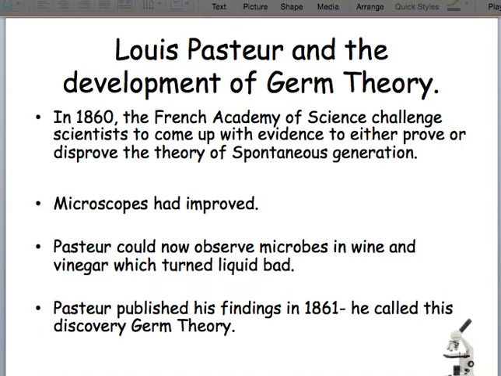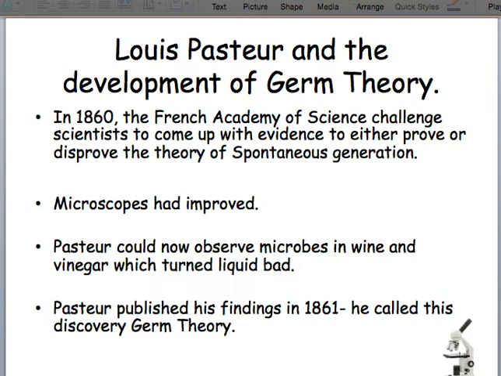But how did Louis Pasteur come to discover germ theory? In 1860, the French Academy of Science challenged scientists to come up with evidence to either prove or disprove the theory of spontaneous generation.